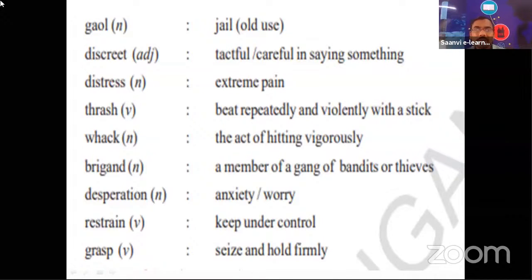So the same meaning: thrash, whack, beat, cane, flog. Brigand: a member of a gang of bandits or thieves. Desperation: anxiety or worry.